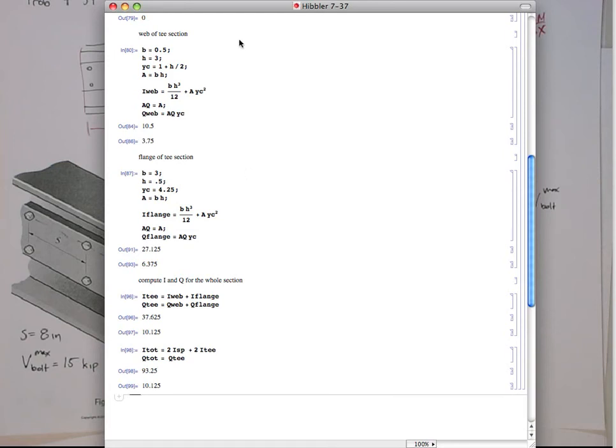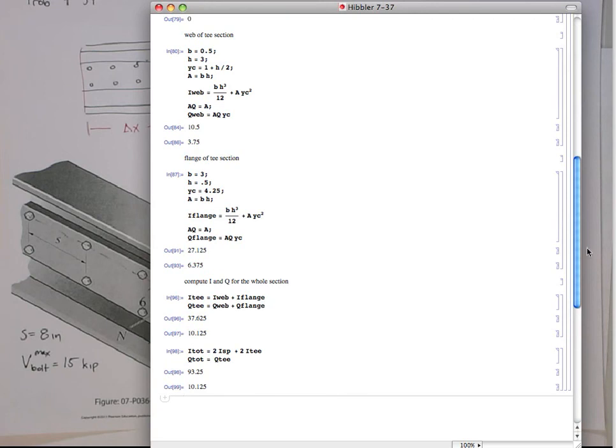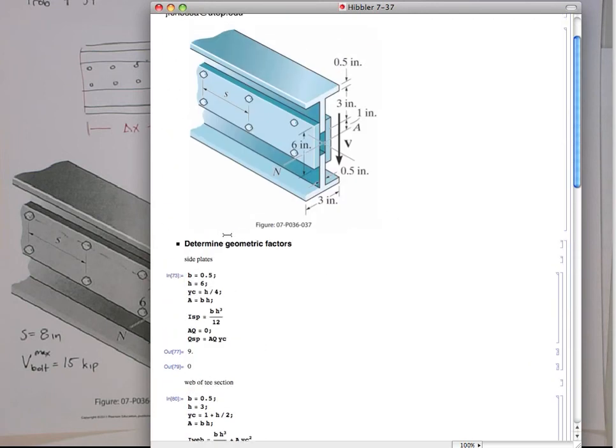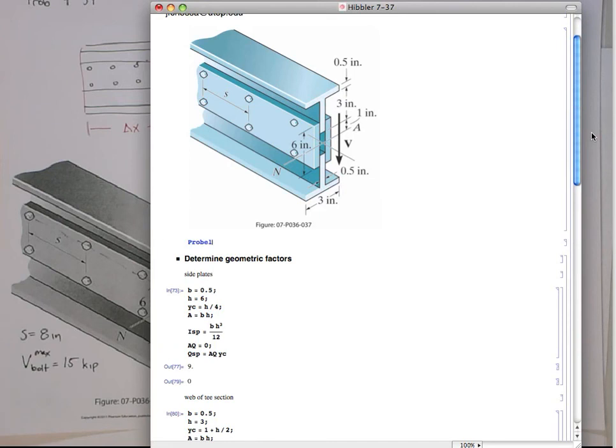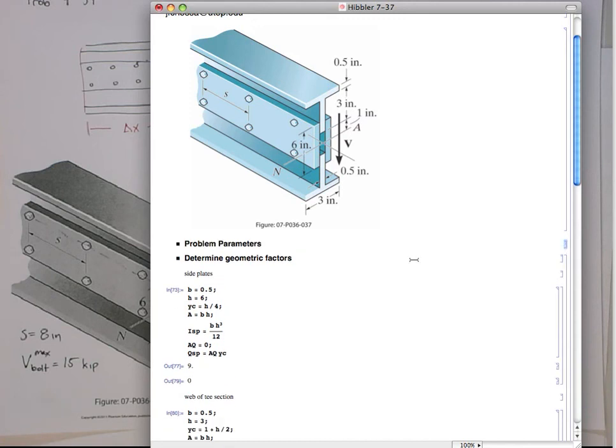All right, so now we need to solve the problem. We can use this equation. Let's put in some variables. Actually, if you want to, we can even put the problem parameters up here. Problem. Let's give that a bolder sort of section. That looks good.